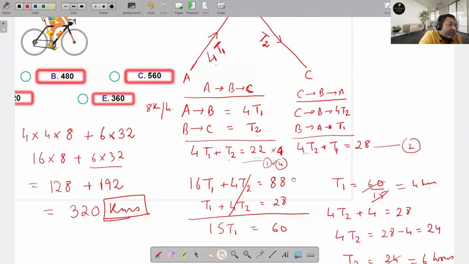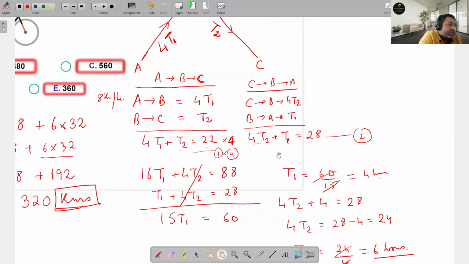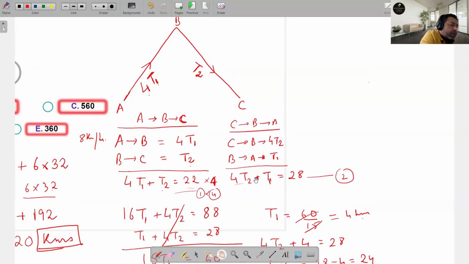We can check that by using the second equation here, which was 4 times T2. 4 times T2 would be 6, and he is traveling at a speed of 8 while he's going back. Plus T1, which was 4, times 32. So 4 times T2, which is 6, into 8, plus 4 times 32.